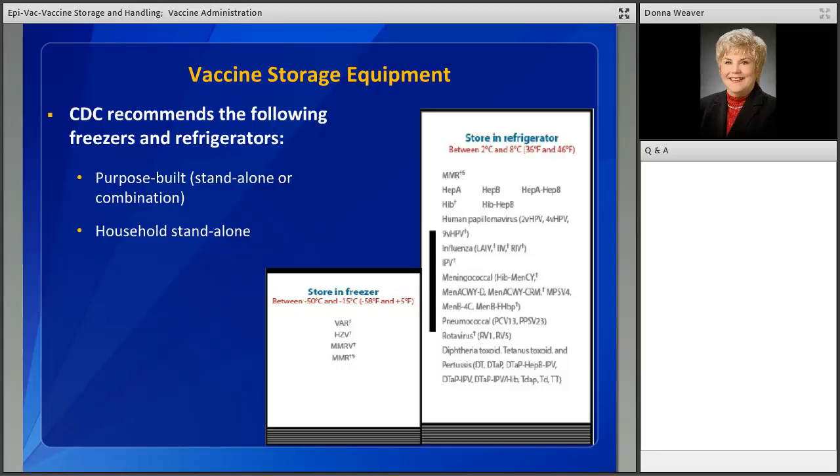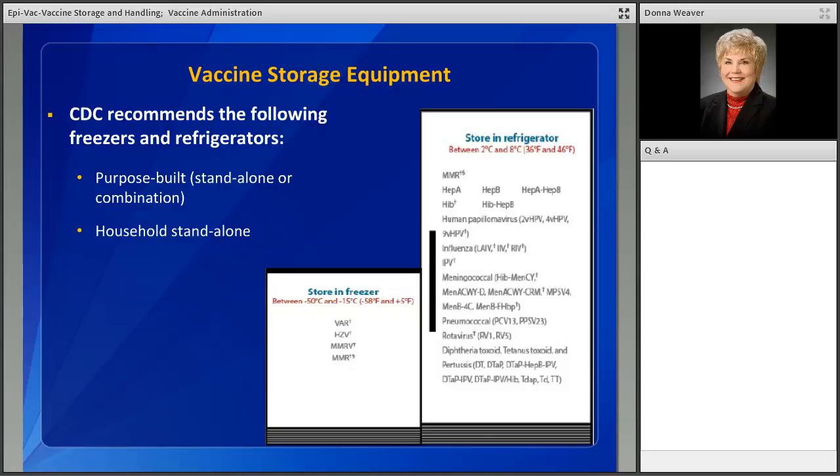Vaccines stored in the freezer should maintain temperatures between minus 50 degrees Celsius and minus 15 degrees Celsius, and that's minus 58 degrees Fahrenheit and plus 5 degrees Fahrenheit. The thermostat should be at the factory set or midpoint temperature setting to assure appropriate frozen storage temperatures.